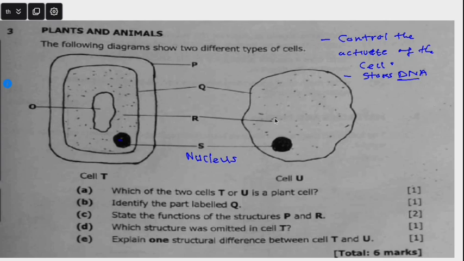Then part labeled R is called the cytoplasm. The cytoplasm is a jelly-like fluid, watery-like.